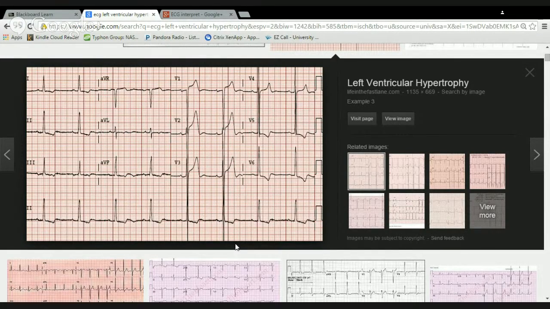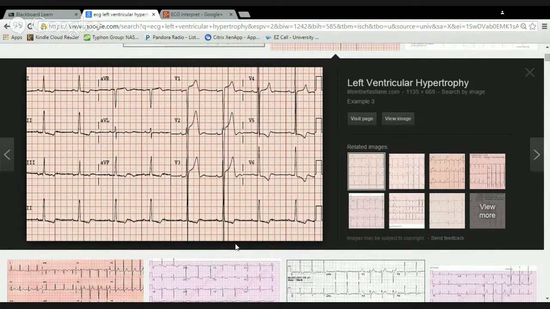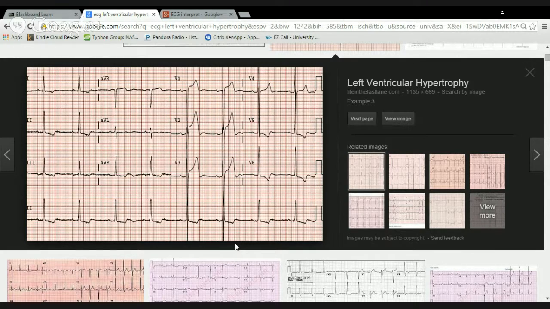It's 1, 2, 3, 4, 5, 6, almost 7 boxes just in V1. And then in V5, the R wave is also very large. So I know just by looking at this that there is a left ventricular hypertrophy, which means that there is more than 35 millimeters when you add the V1 S wave and V5 R wave together.